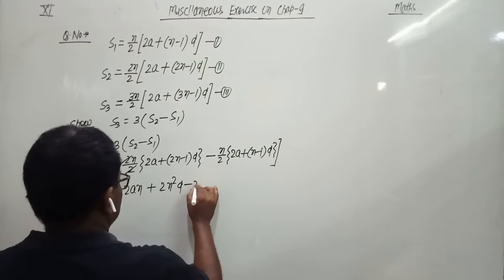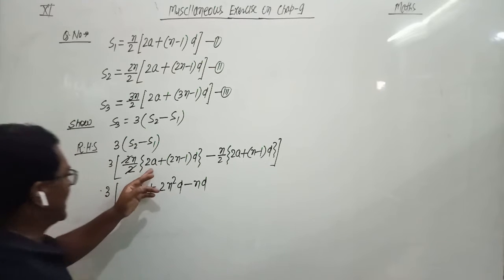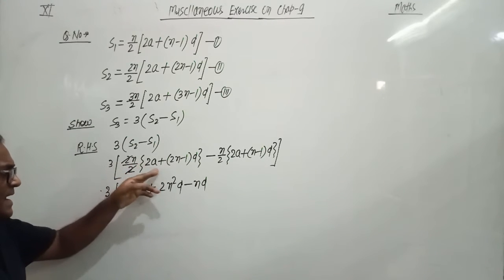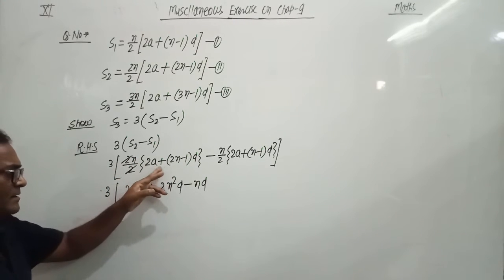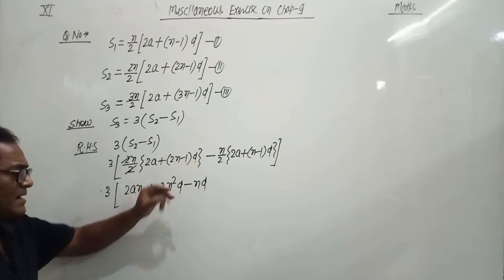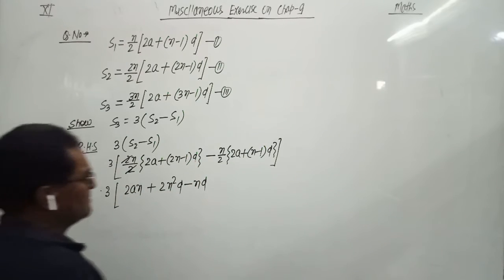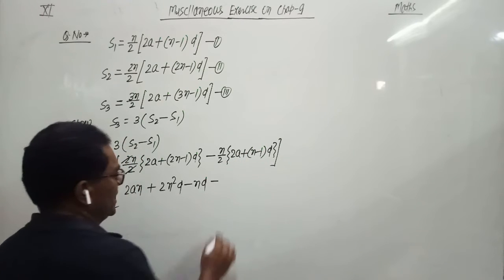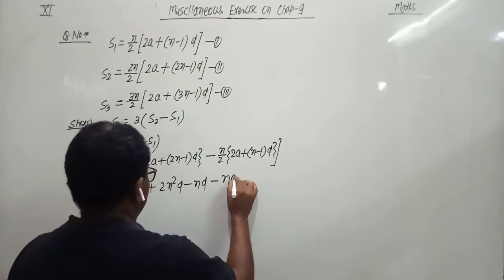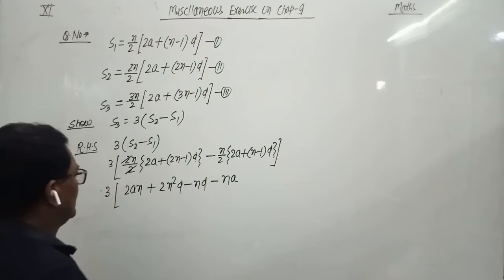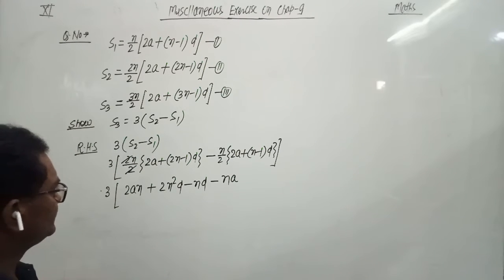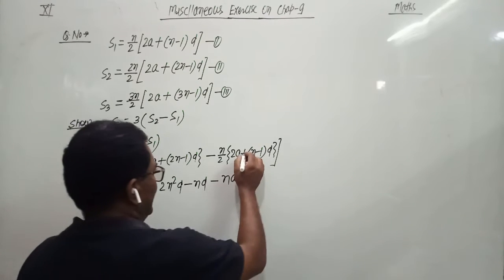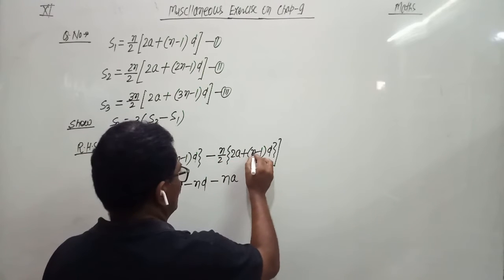We remove the bracket by multiplying these terms by n, and this term is also multiplied by d. Minus n by 2 multiplied by 2a, it comes n into a, plus n by 2 into nd.